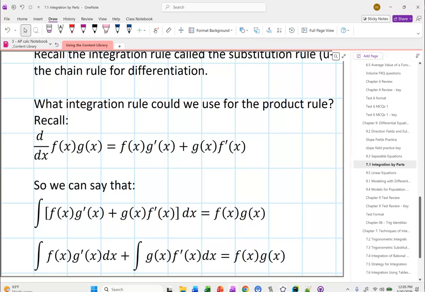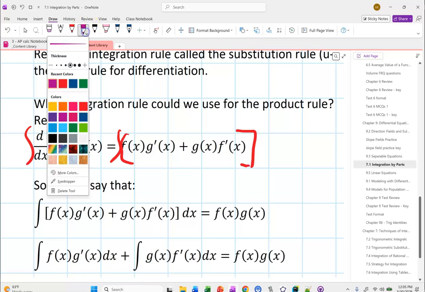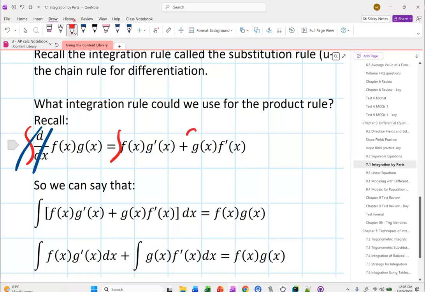Okay. If we then integrate both sides, that integral is going to cancel with the derivative, and we just have f of x times g of x, right? And then on the right hand side, we can distribute that integral symbol through. Everybody okay there?